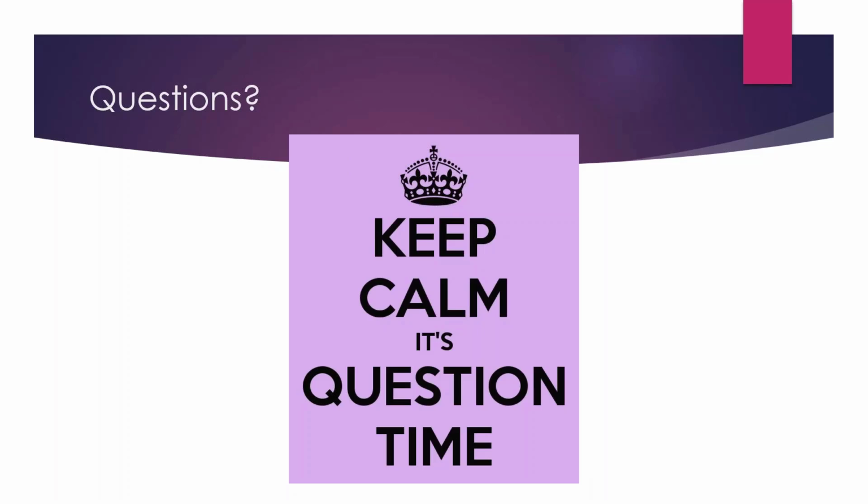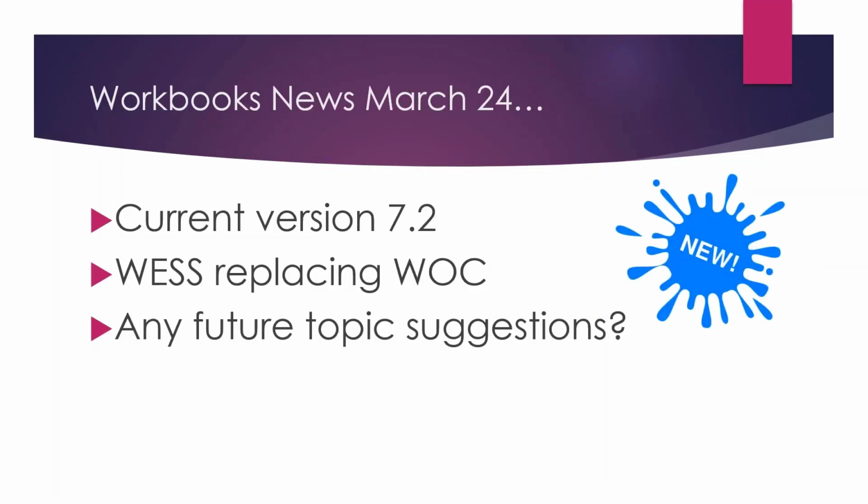Okay, I don't think there's any more questions in there, Stuart. So we'll just finalize things. We're on Workbooks 7.2 at the moment. Last week we delivered an event focusing on the Outlook integration and the Exchange 365 integration, which is replacing the older Workbooks Outlook connector.